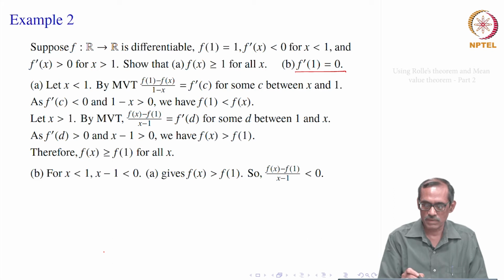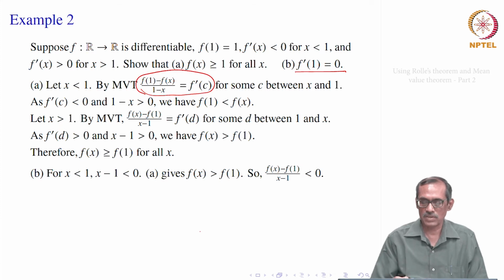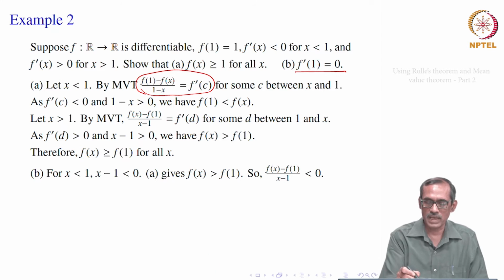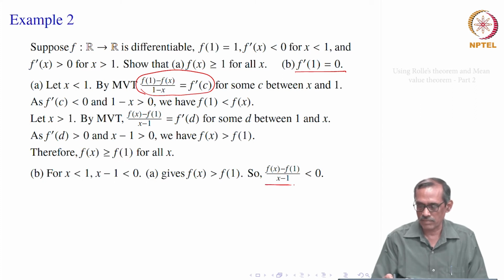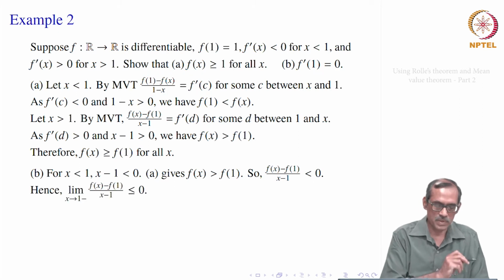As earlier we have seen that f 1 minus f x by 1 minus x is negative. So, it is the same thing as telling f x minus f 1 by x minus 1, we multiply a minus sign there. So, you get f x minus f of 1 by x minus 1 is less than 0.